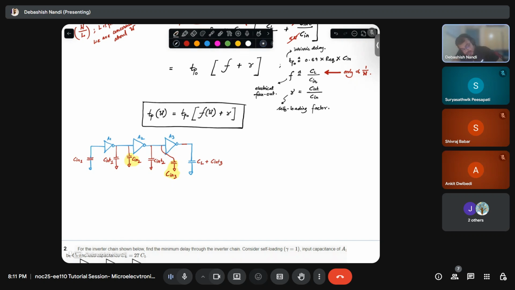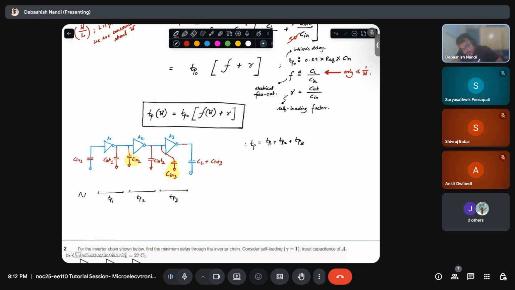So for the total propagation delay, the signal takes time to reach each point: TP1, TP2, and TP3. Your TP will be TP1 plus TP2 plus TP3.